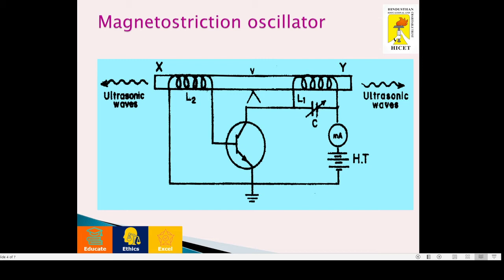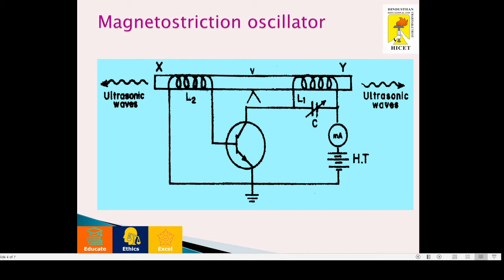The inductor coil and variable capacitor are called the tank circuit. The inductor L2 is connected to the base of the transistor. The emitter terminal is connected to the negative terminal of the battery. That means the emitter is in forward bias and the collector is in reverse bias.